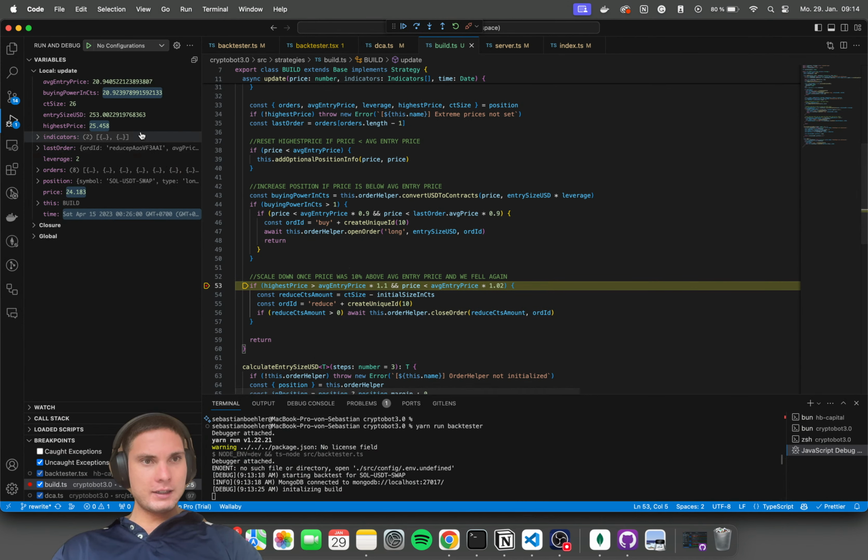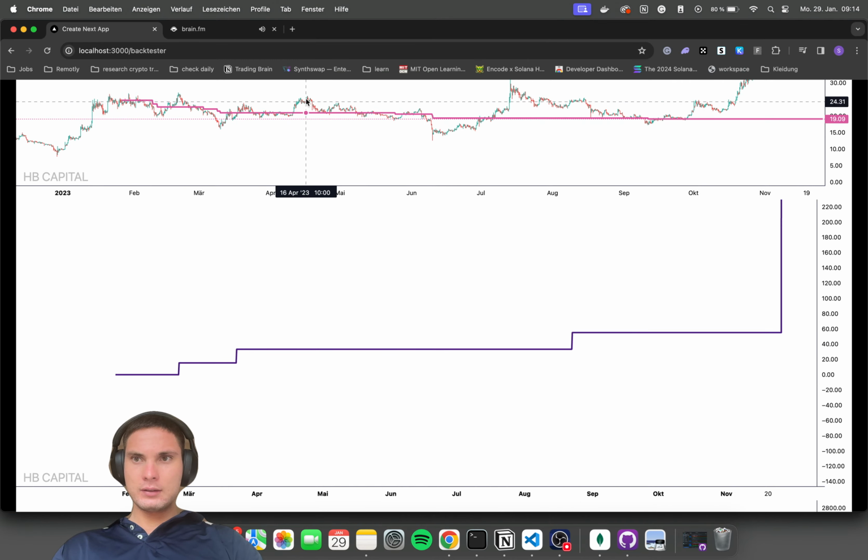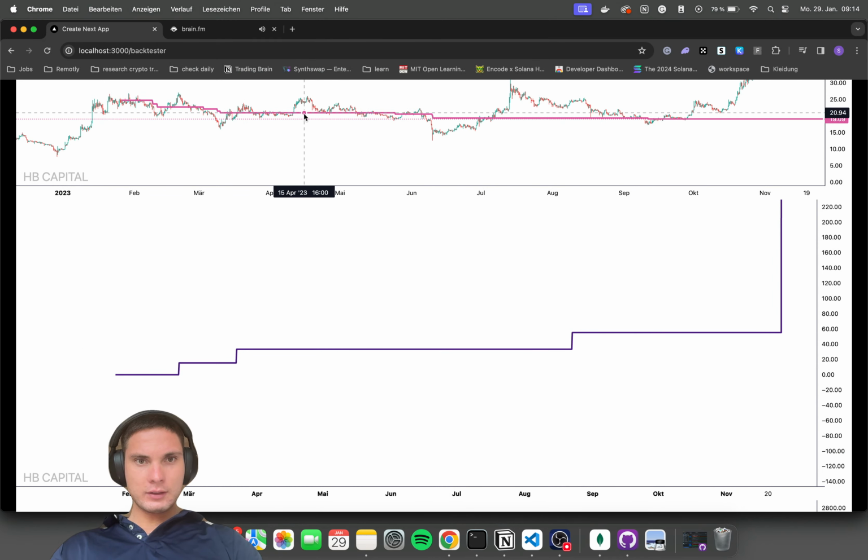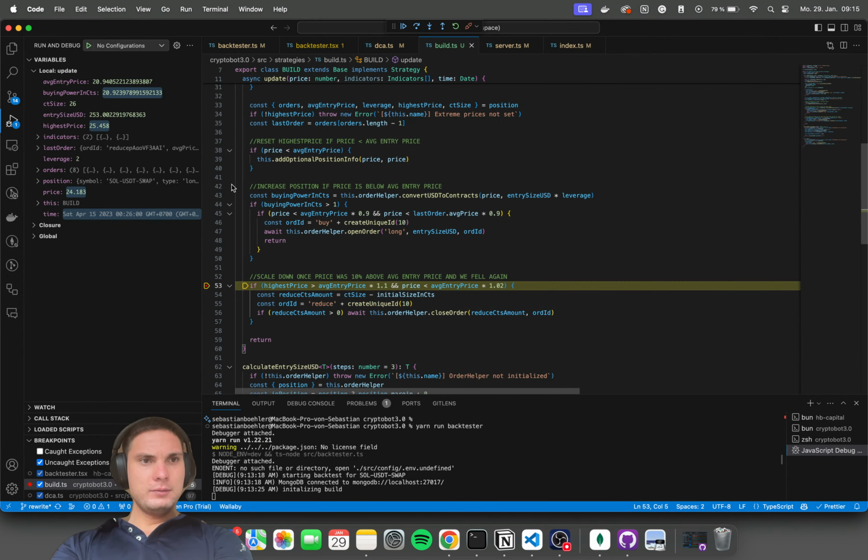So the highest price 25.48. What date do we have? The 15th. So I guess somewhere here. It's at the high, and the high is bigger than, what's the average entry price?